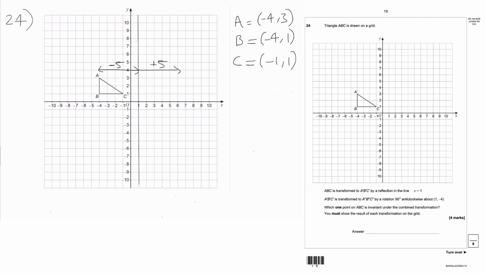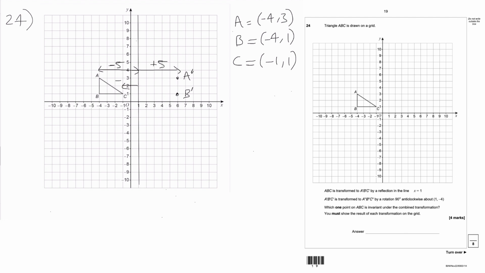So we need to create a change of +5 here. And this is going to be where our new A prime coordinate is. And we're going to follow this logic. Obviously, it's the same situation for B, as B has the same x coordinate as A. And given that the y coordinate stays the same, this is going to be our B prime.